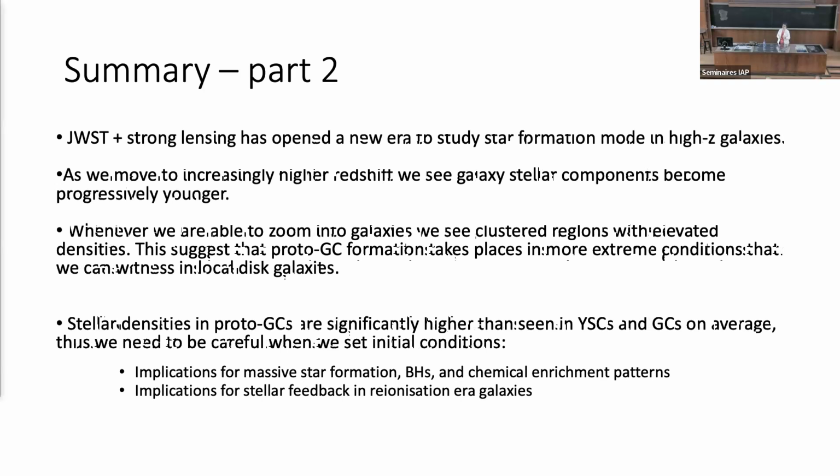The maximum mass that you can reach is also connected to molecular clouds. If we assume the star formation efficiency is 1%, then you expect molecular clouds of 10 to the 5 to 10 to the 7 solar masses. If star formation efficiency changes, we can have a higher star formation efficiency for massive clusters.